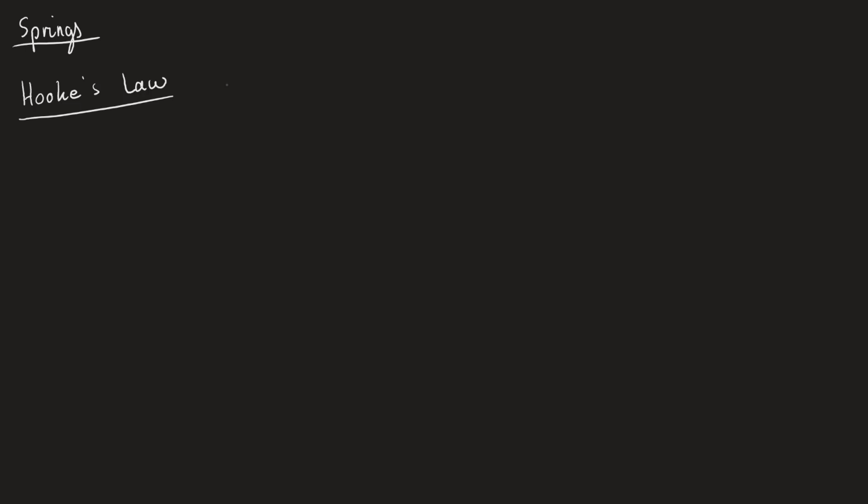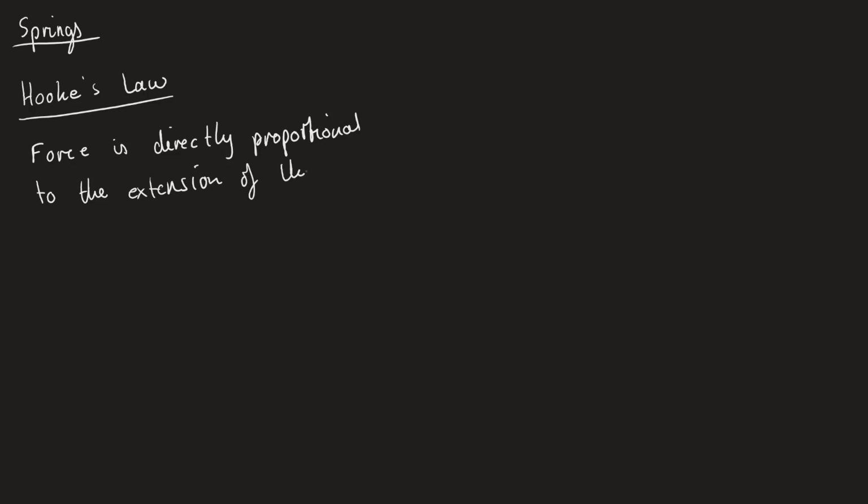So Hooke's law states that the force that you apply to a spring is directly proportional to the extension of the spring, and this part is the obvious part, this part is the not so obvious part, up to the limit of proportionality.